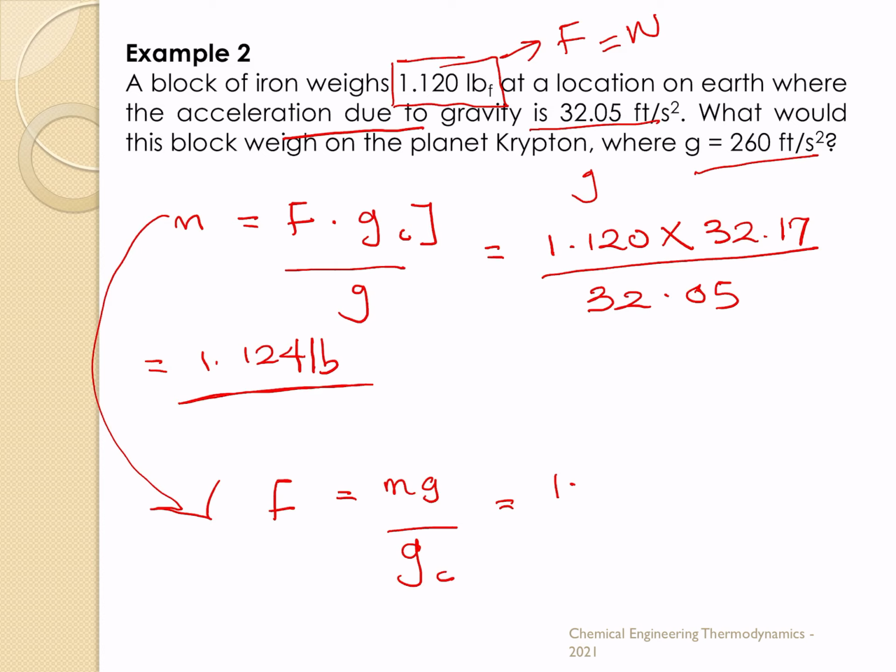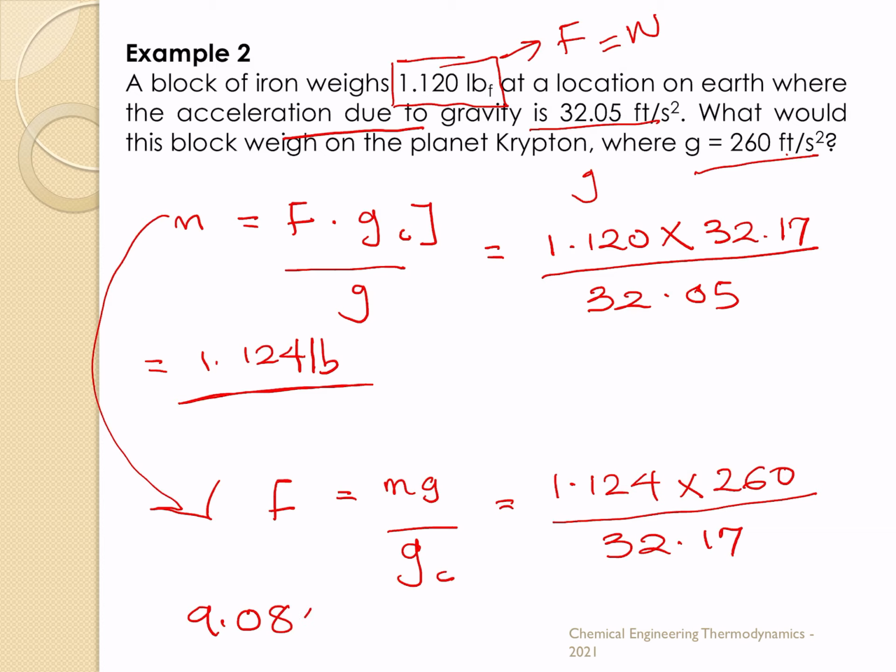The mass of the iron, similar to what we saw for the astronaut, doesn't vary. We've been given g on Krypton, 260, and then we've got gc, which is a constant. And that gives us 9,084 pounds.